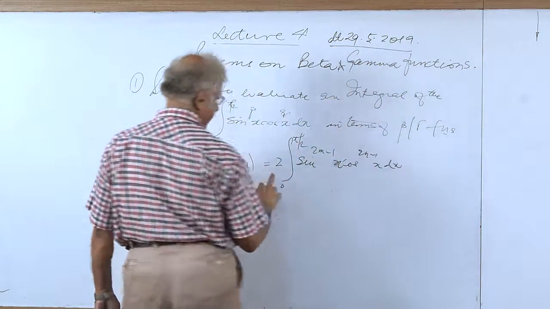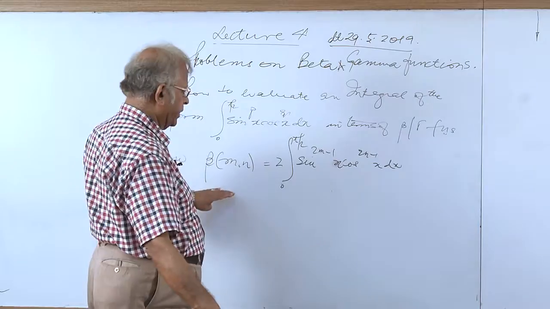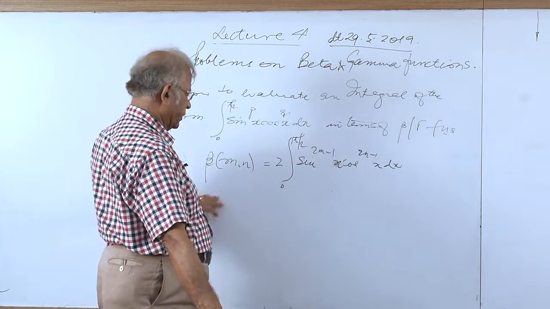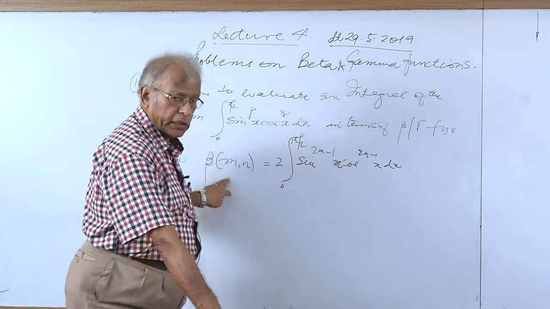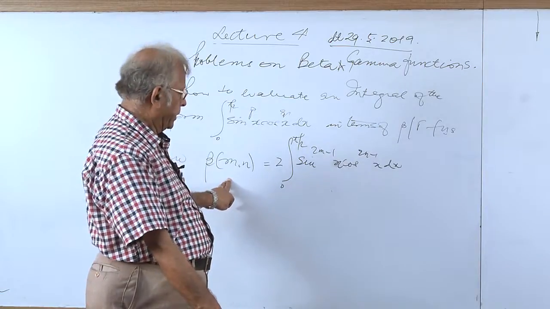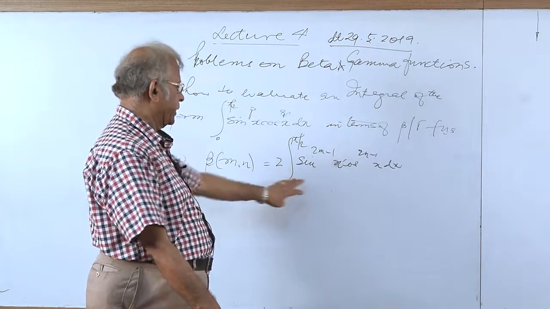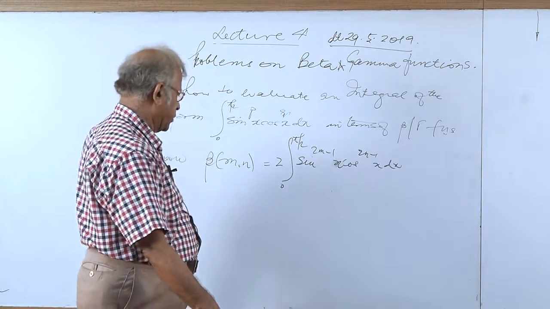This we have given as a property. In fact, we have proved this result starting from the basic definition of beta m n, in one earlier lecture.